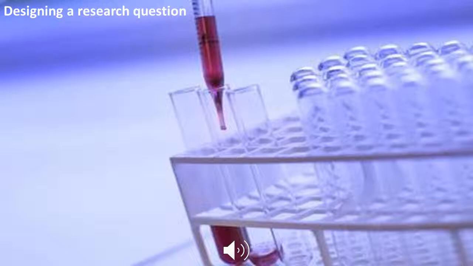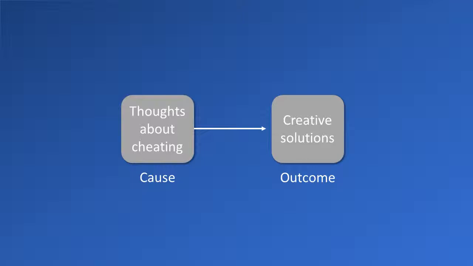So to illustrate, consider the summary in this slide. This study shows that after people contemplate how they could cheat on a task, they actually solve problems more creatively. That is, thoughts about cheating enhance creativity. So I'll use this example to introduce the terms independent variable and dependent variable. In this example, what's the independent variable and what's the dependent variable?